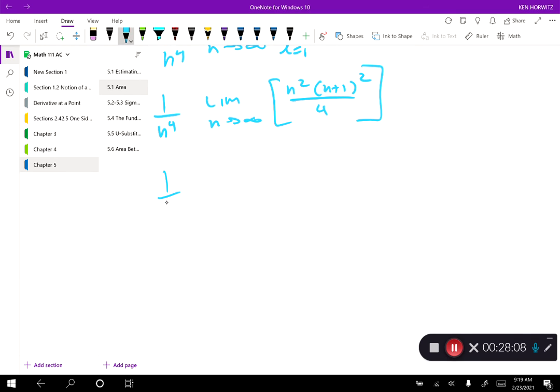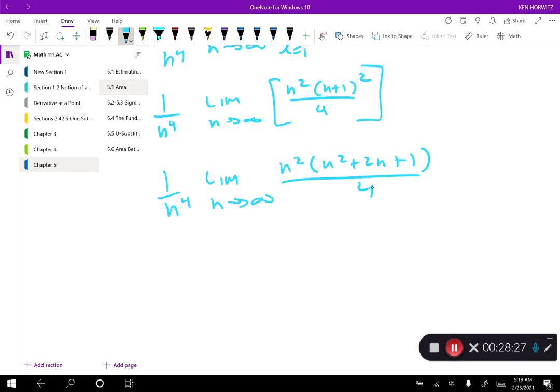So I have 1 over n to the 4th, limit as n approaches infinity, n squared times (n squared plus 2n plus 1) over 4.